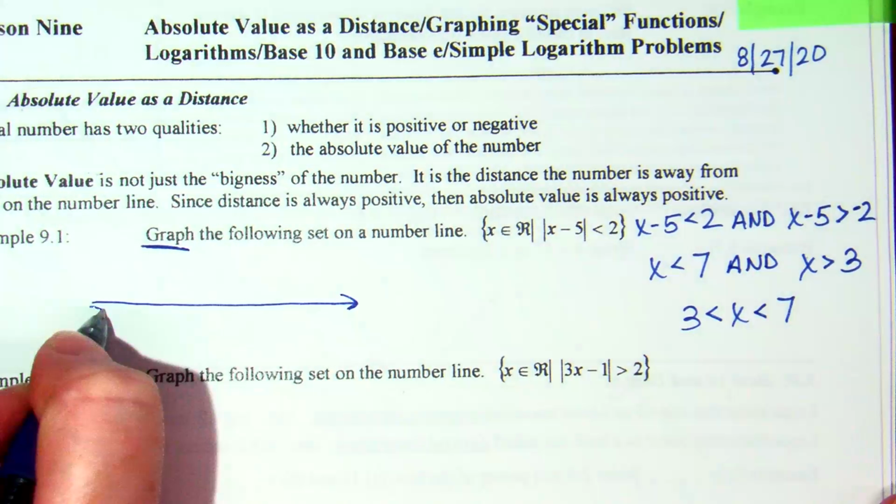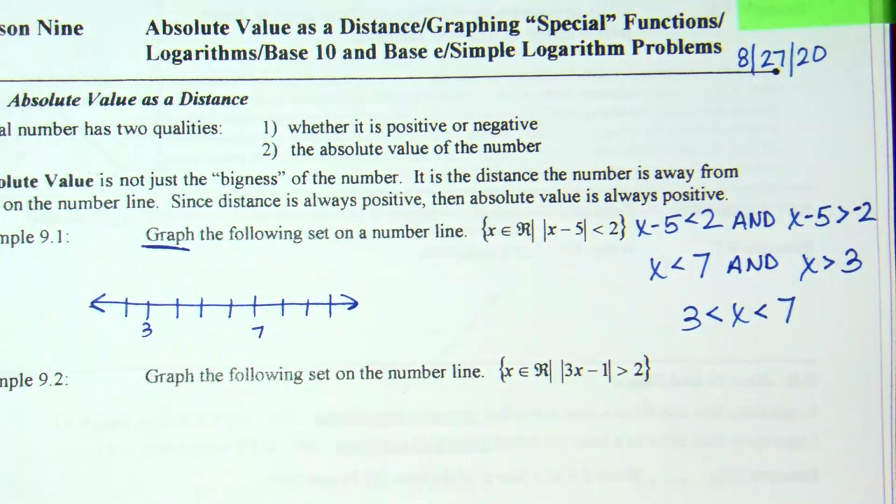Number line. Okay. How do I graph 3 less than x less than 7? Okay.